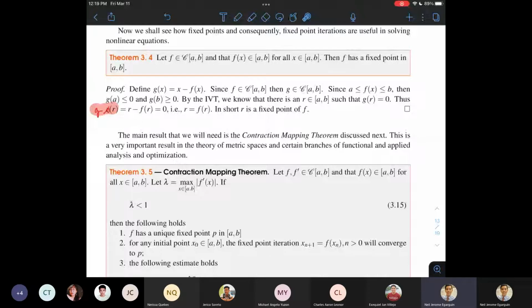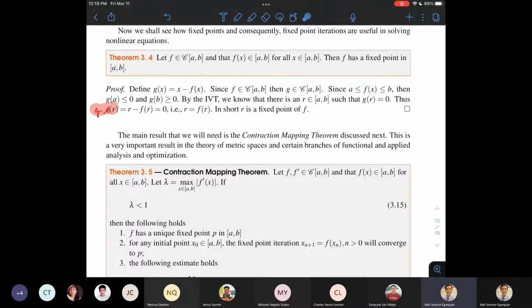Kasi nga, hindi siya guaranteed lagi nagko-converge. So maganda ring malaman kung kailan nagkakaroon ng fixed point ang isang continuous function. All right? So if you have a continuous function over the interval AB, and it also happened that the function values are also in the interval AB.